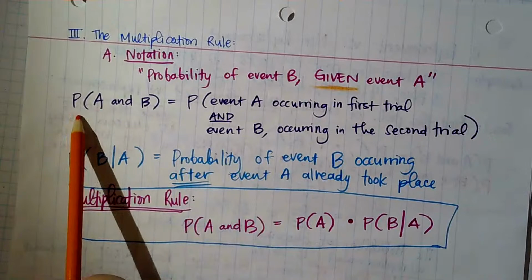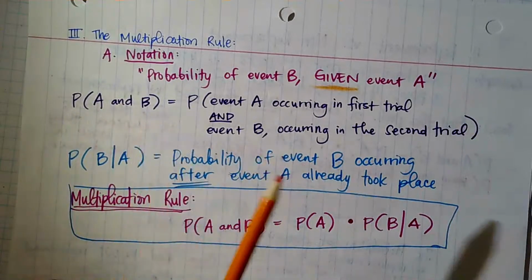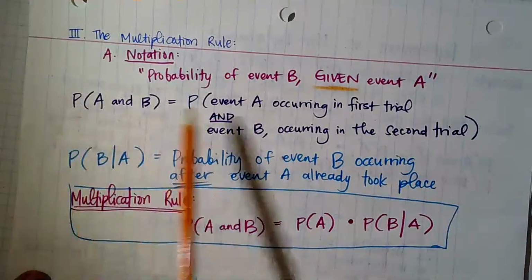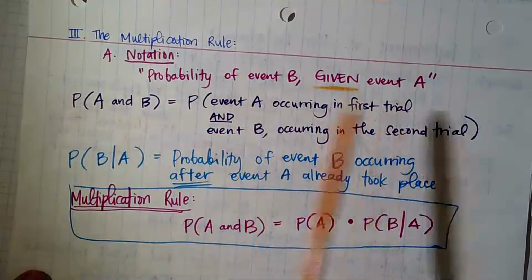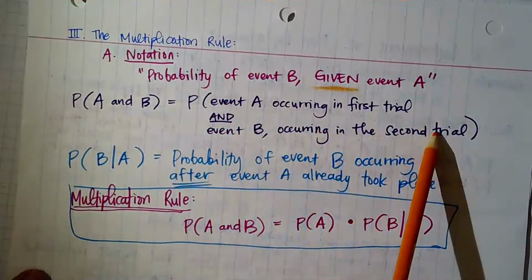Also, the new notation P of A and B means: what is the probability of event A happening first and then the probability of B occurring after that?